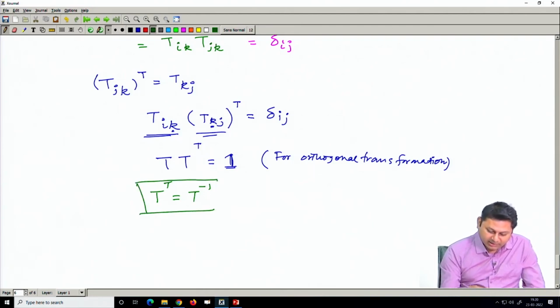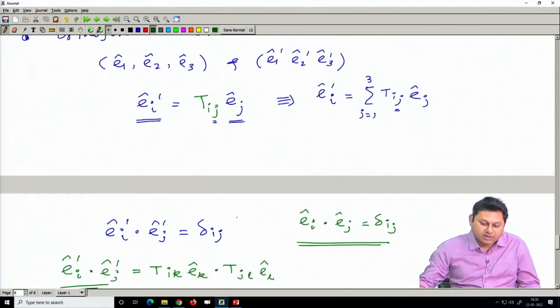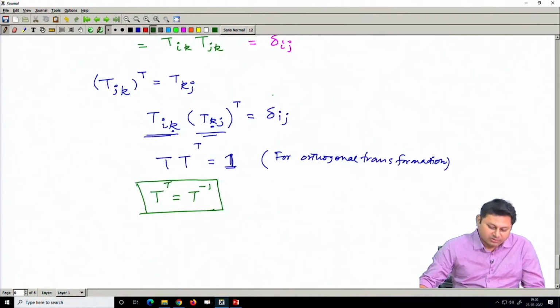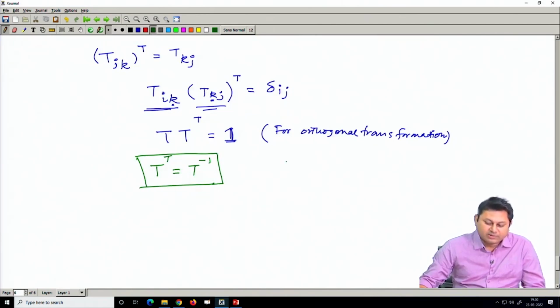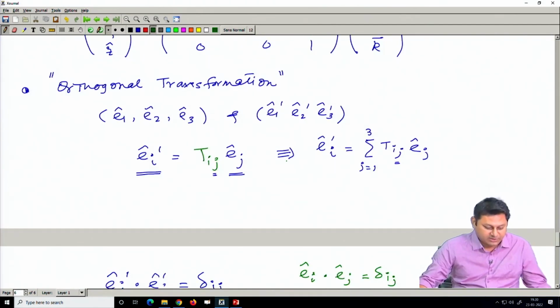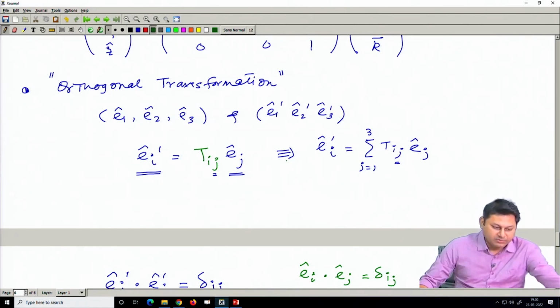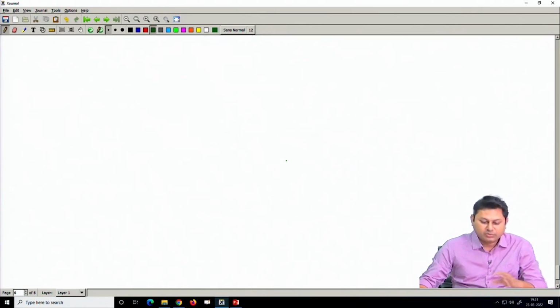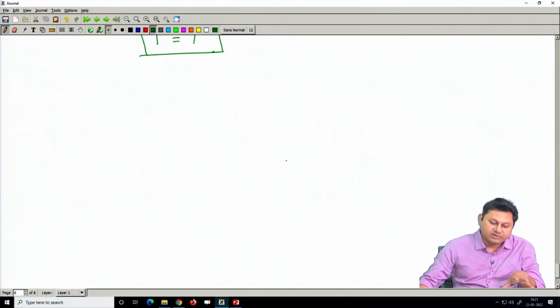You can check by yourself with the matrix we figured out: cos phi, minus sin phi, 0; sin phi, cos phi, 0; 0, 0, 1. Take the transpose of this matrix and multiply it with the original matrix, and you will get unity because this transformation is an orthogonal transformation. I am not going to discuss it in detail because that is not the purpose. It is just to make you understand how you can transfer from one coordinate system to another. So let us continue.